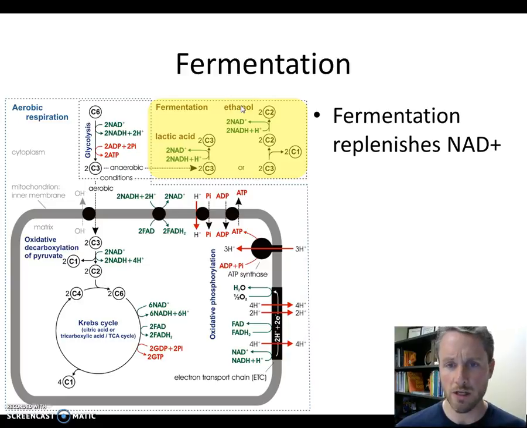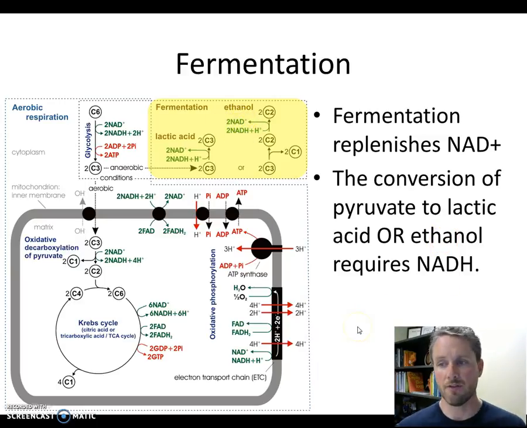But no matter which one we do, we use up NADH and we produce NAD. So if we're converting pyruvate to ethanol, we use up NADH and we produce NAD. Okay. So the conversion of pyruvate to lactic acid or ethanol requires NADH. Then we get back our NAD.